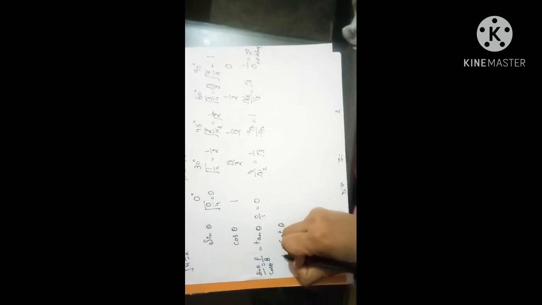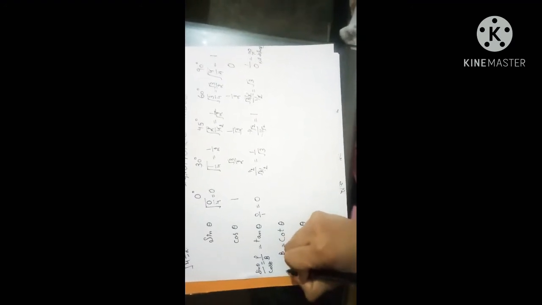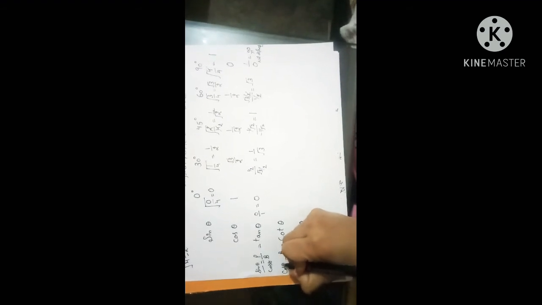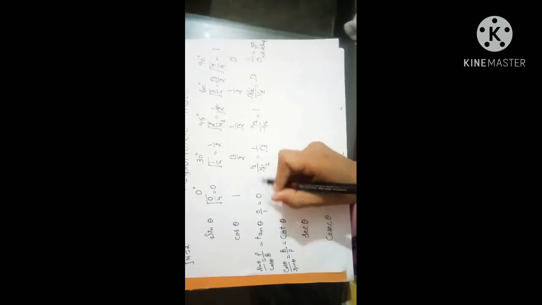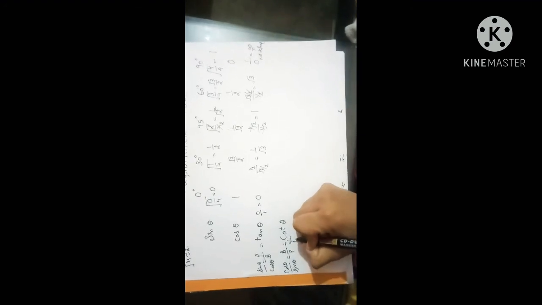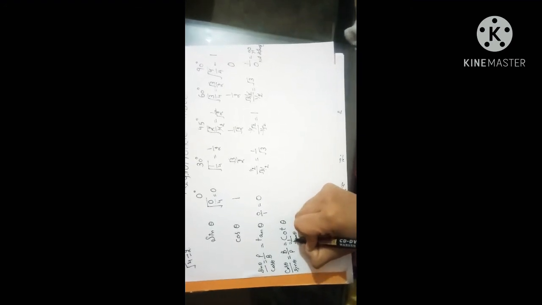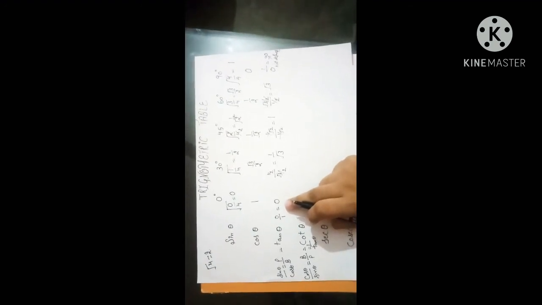Next, what is cot theta? Cot theta is nothing but B upon P, that is cos theta upon sin theta. Also it is the reciprocal of tan theta. So, I can find the values of cot theta by taking the reciprocal of the angles of tan theta.